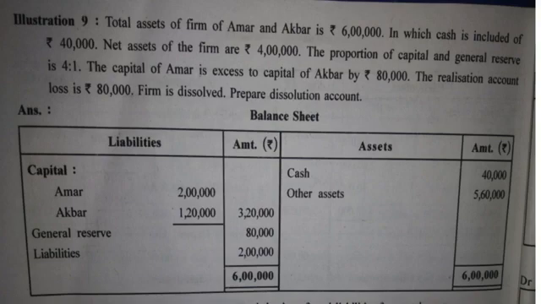Then 80,000 for general reserve and liabilities 2 lakh. Cash 40,000, other assets 5,60,000. How? 6 lakh minus 40,000. So the total of both sides of the balance sheet is 6 lakh and identical. So we have prepared the opening balance sheet for the given question.